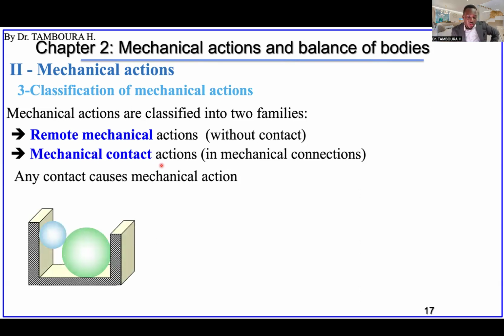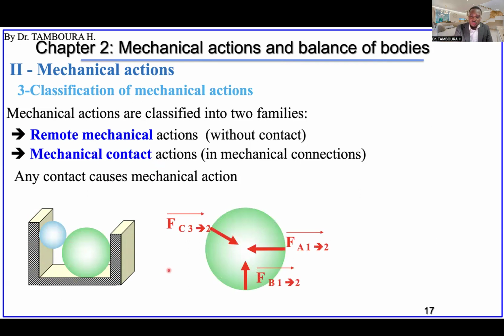Let's take this example. For example, we have this small ball and this big one in contact with this wall. If we consider only this big one, we have 3 contacts, and each contact will cause mechanical actions.